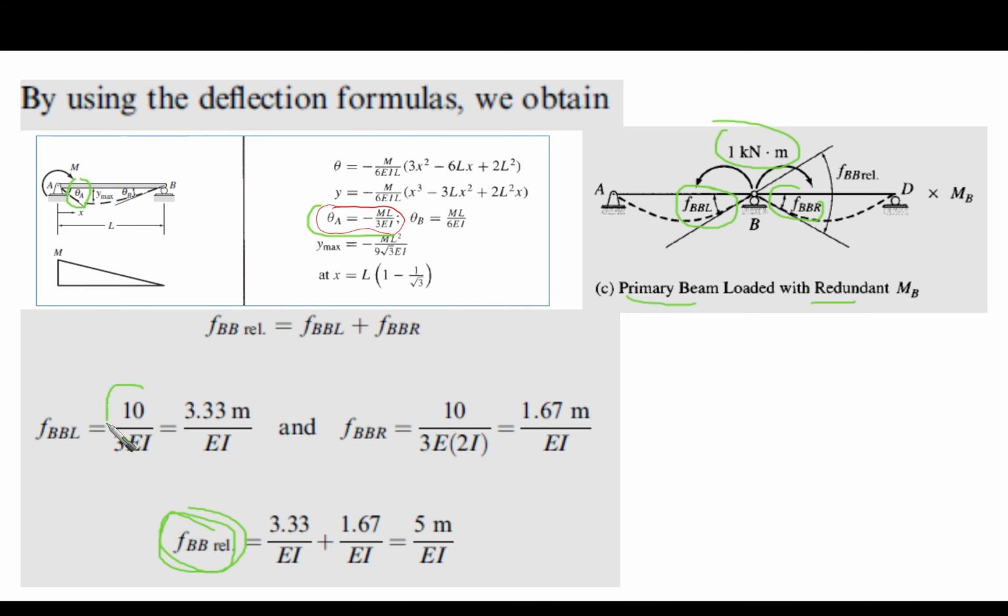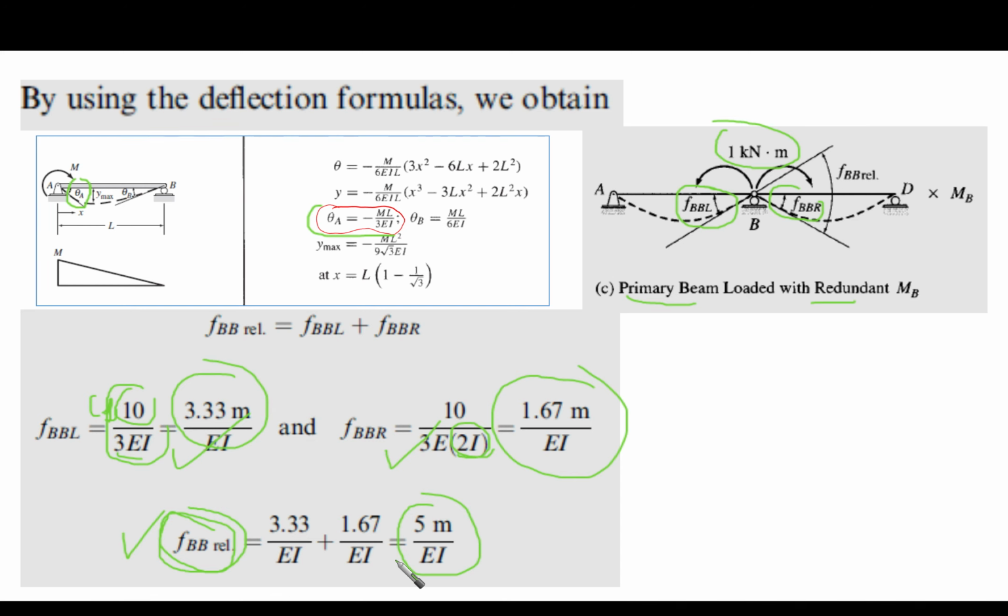As you can see here, there is 1 multiplied by 10 because we have a unit load, so it is already not written, times L. This is L over 3EI, then you can get the value. For the right, it is going to be a similar formula, but using 2I instead of I. We are going to end up with FBB relative, the summation of the two values, 5 over EI.